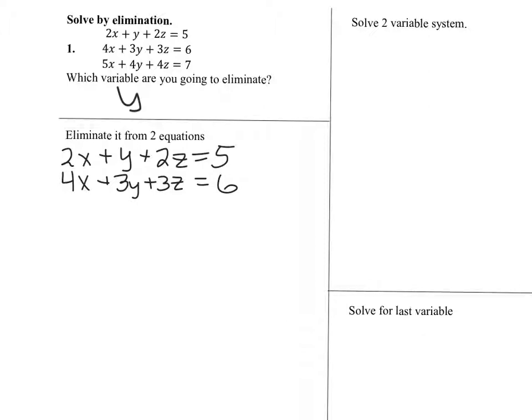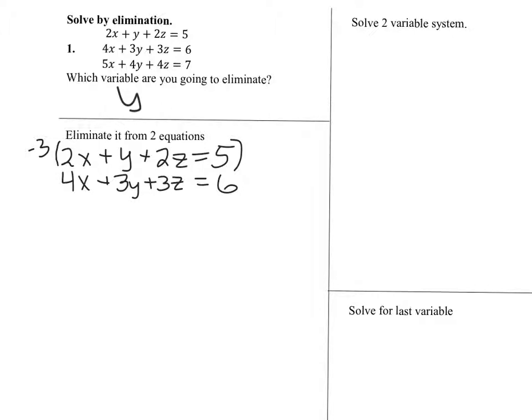So what I'm going to go ahead and do is multiply this top equation by a negative 3. Because if I do negative 3 times y, that'll give me a negative 3y, which will be the same number as the bottom one. However, we not only need to make it the same number, but opposite sign. And that's something we're going to be repeating a lot, that we have to make sure it has the same number, but opposite sign.